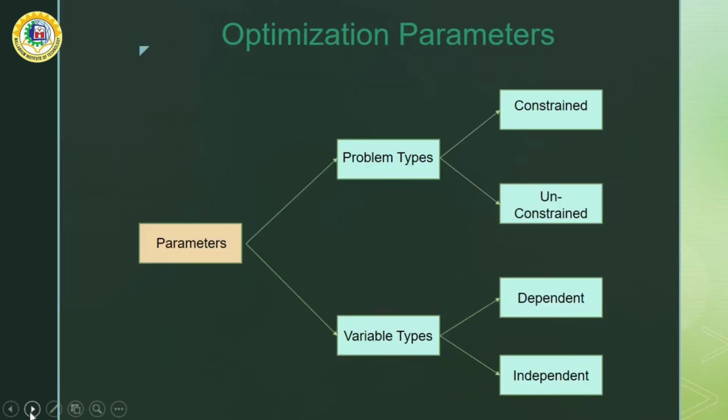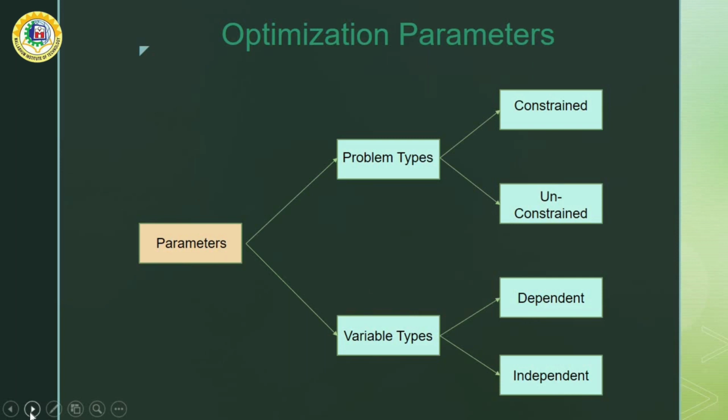Optimization problems can be classified based on some parameters. The parameters are problem types and variable types. Again, the problem types are categorized into two categories: constrained optimization problems and unconstrained optimization problems.